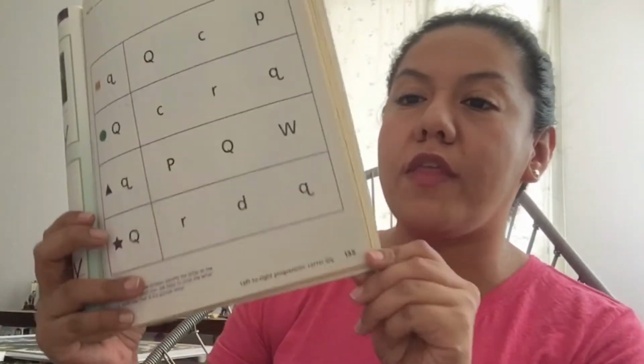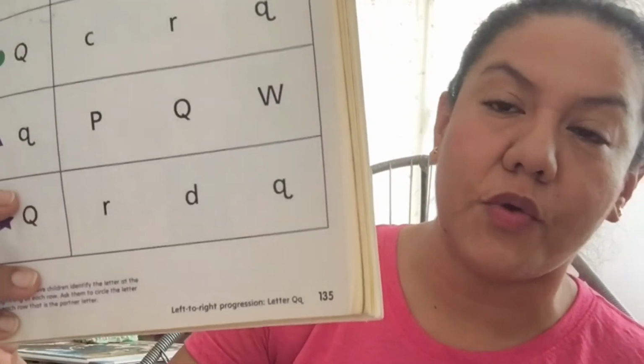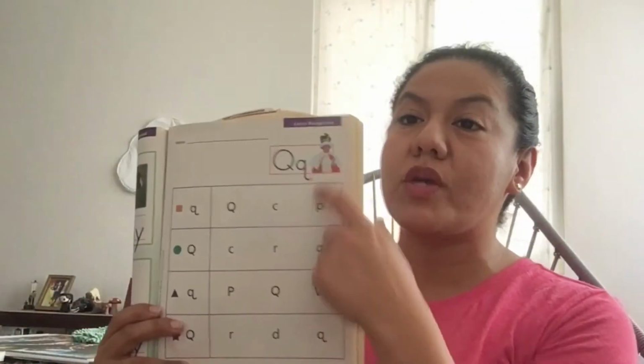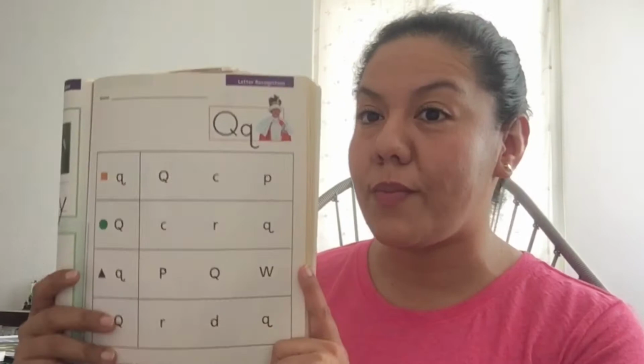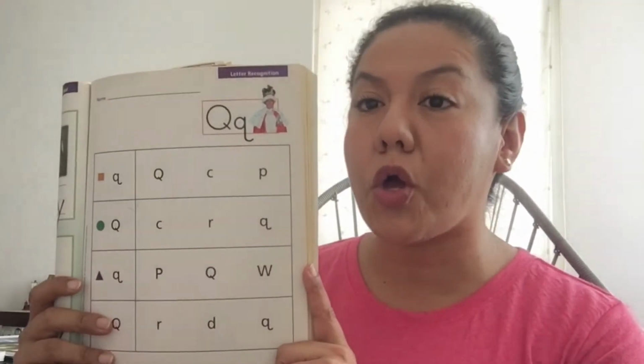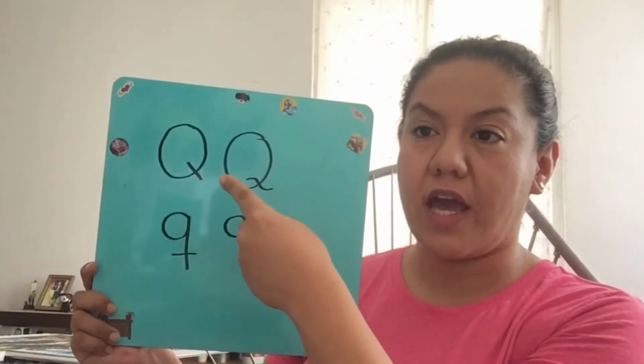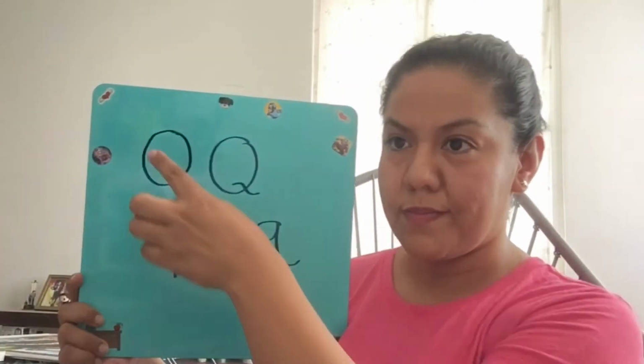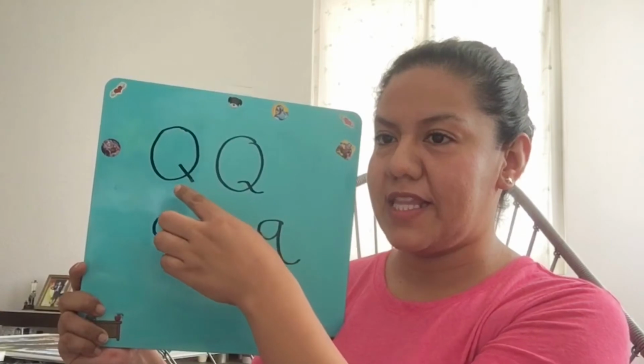And on the phonics, we're going to page 135. Here we're starting with the letter Q. Remember, Q sounds K. And sometimes we can find other types of the letter Q. We can find it like this.